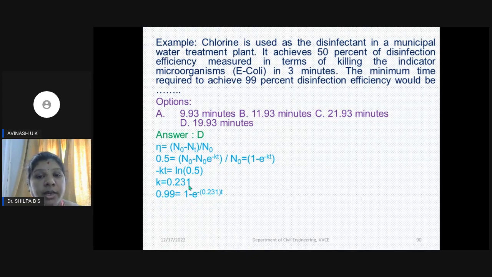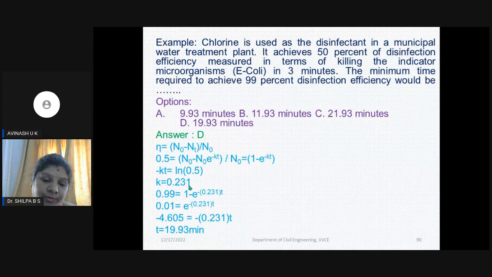To achieve 99% removal efficiency, we calculate the time period based on this relation, and when we do the simplification, we get the t value as 19.93 minutes. So D is the correct answer.